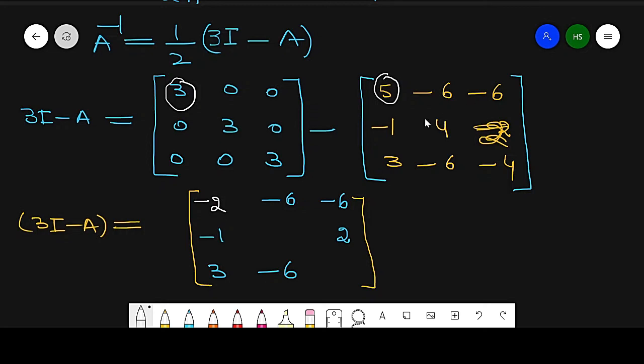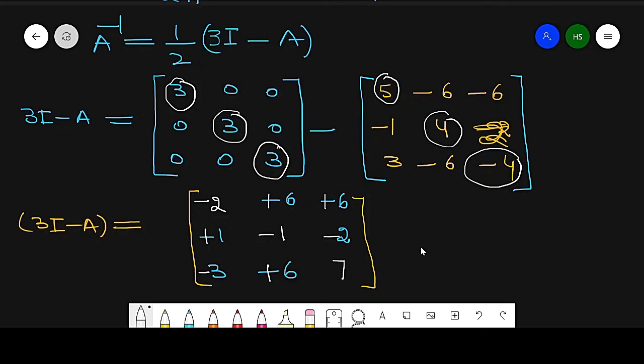Now 3 minus 4 is minus 1. Then 3 minus minus 4, that is plus 4, which is 7.